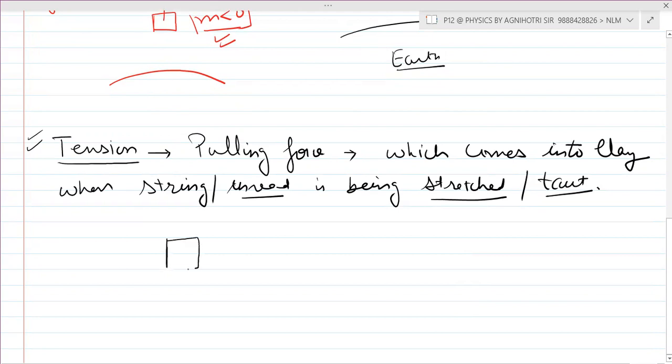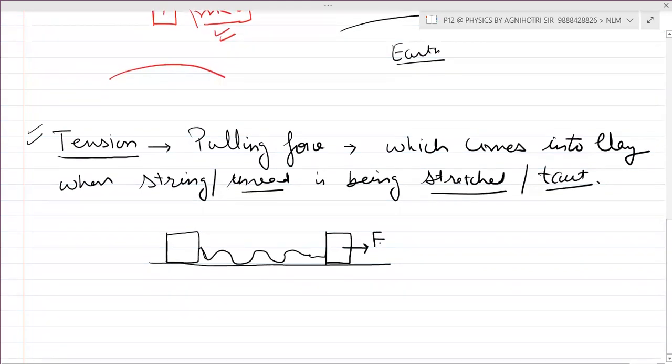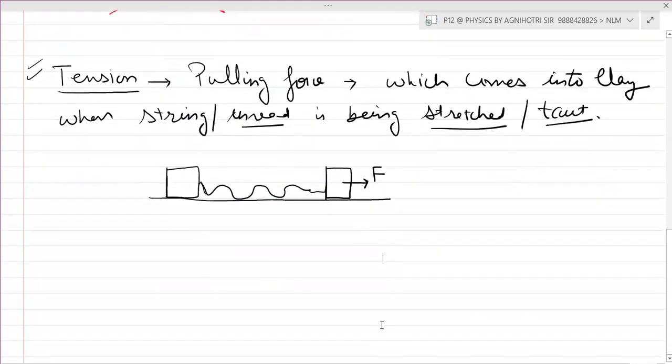A block is placed over here, and a thread is attached to it. Let it be the two blocks are placed, and they are connected like this only. Okay, so you pull that body with a force F. This block will remain in there until this slackness of the string goes.